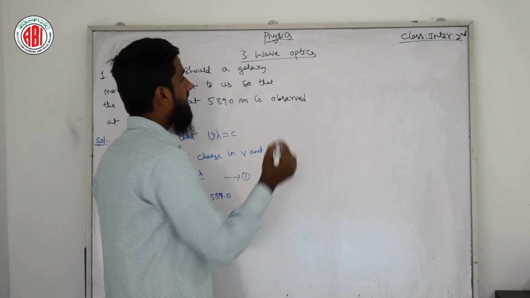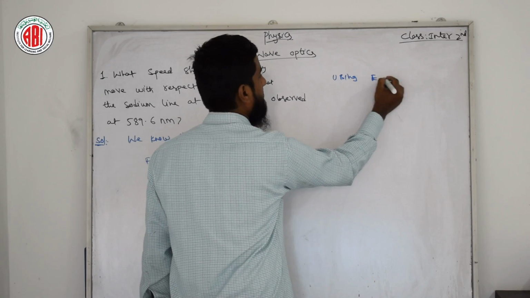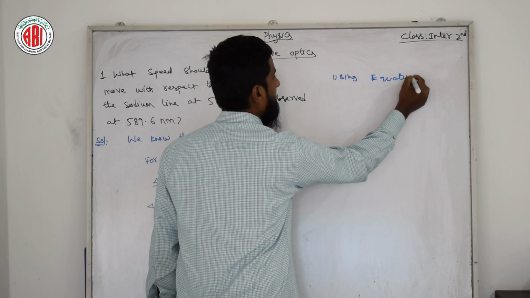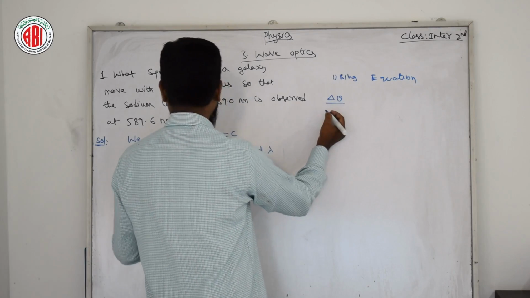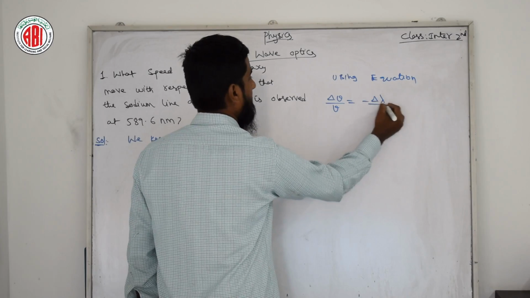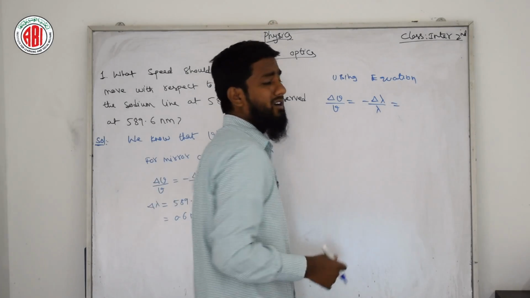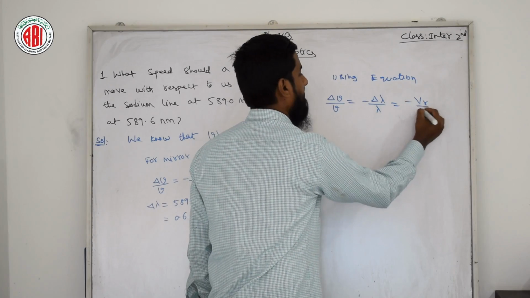We have one more equation with us, using equation 1: Δν by ν is equal to minus Δλ by λ, which is equal to minus v radial by c.